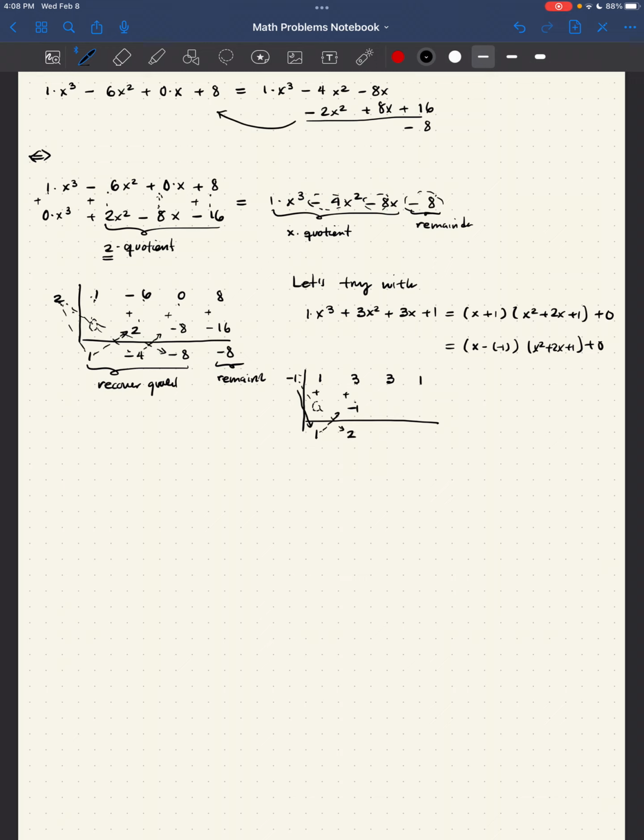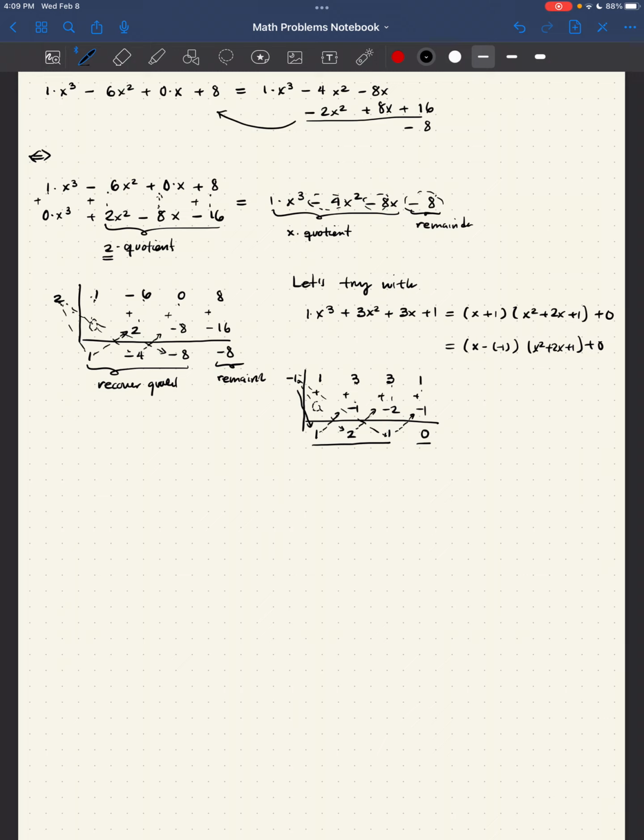Take this one, multiply them together, place it here, that would be negative 2. Add these 2 together, so now you have 1, multiply these 2, place it here, and now we have negative 1, add these 2, 0. Here we can recover the quotient, here we obtain the remainder.